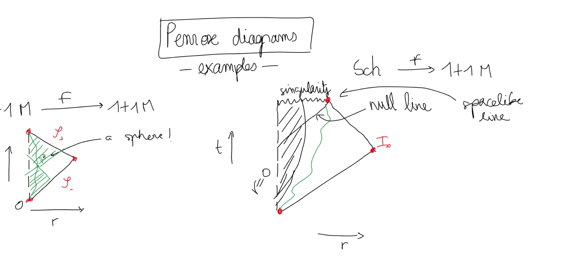Still, any point represents a sphere because we still assume spherical symmetry. And we're in a spacetime with a black hole emerging from a collapsing star.